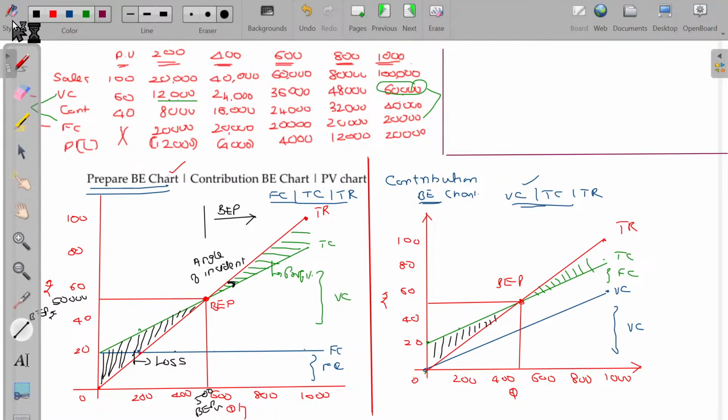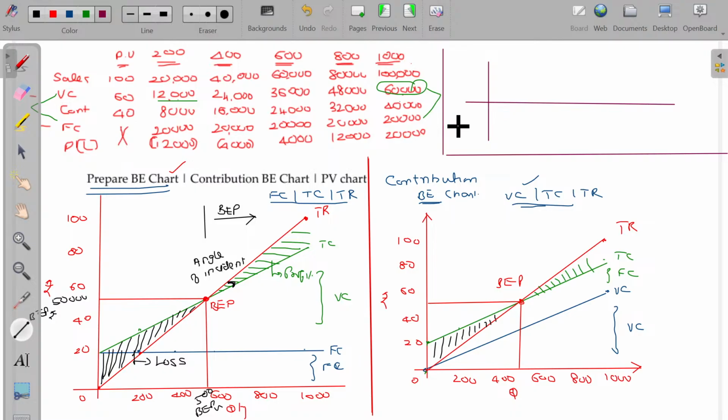So what happens here? Let's see. You're going to show only the profits. In case of profit, negative 12,000, positive 20,000.